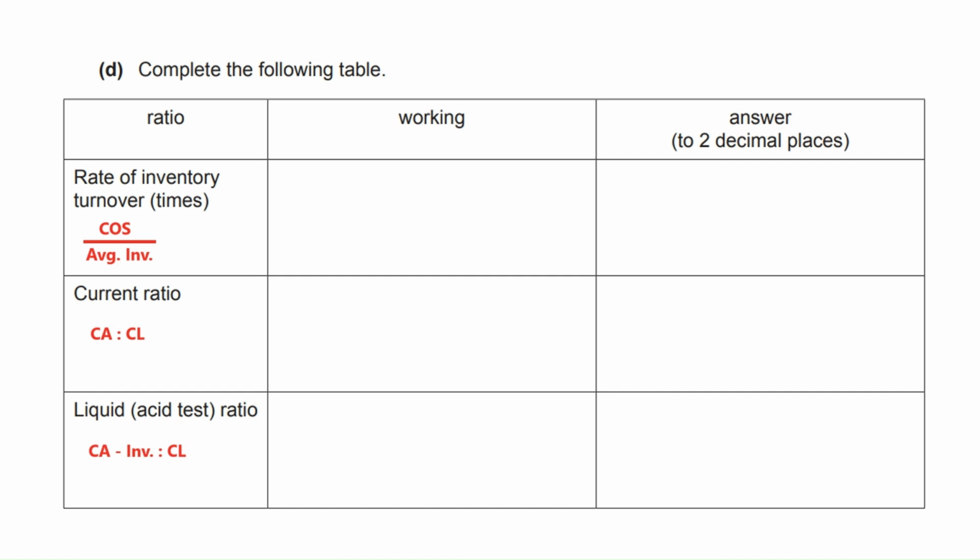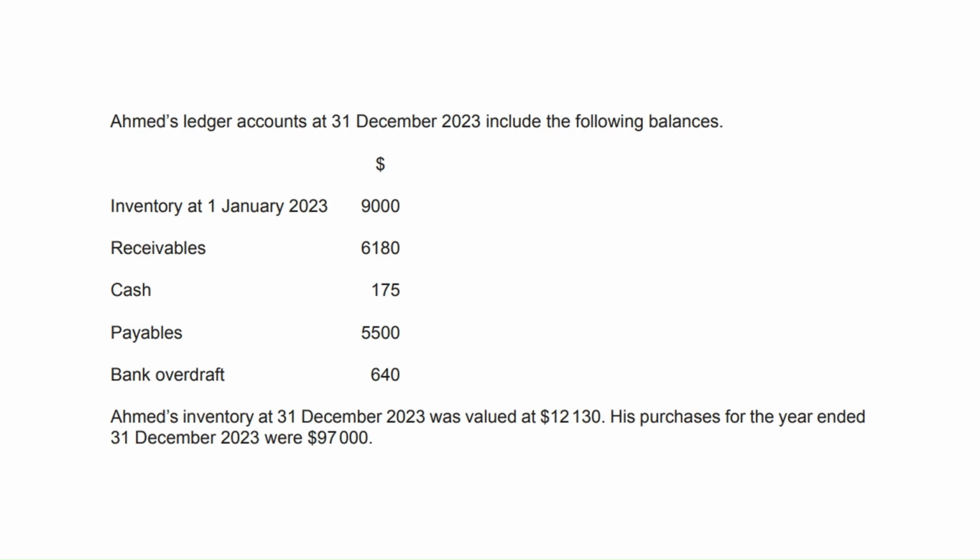Now we can go back to the question and try to calculate the figures. So we have to calculate the cost of sales. If you want an extract of the income statement's trading section, you can have it like this.